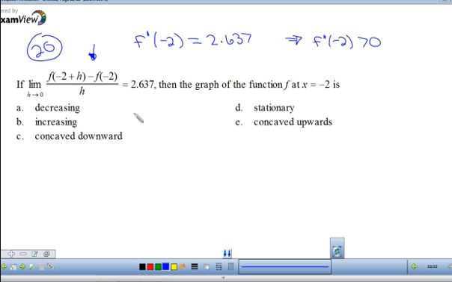So since it's positive, my function is decreasing. No, if the derivative is positive, it is increasing. Okay, so it has to be both. B. I don't know whether it's concave down because I need to find the second derivative. If the second derivative is negative, it's concave down. Stationary means it's not moving. That's not true. And again, it's concave upwards if the second derivative is positive.